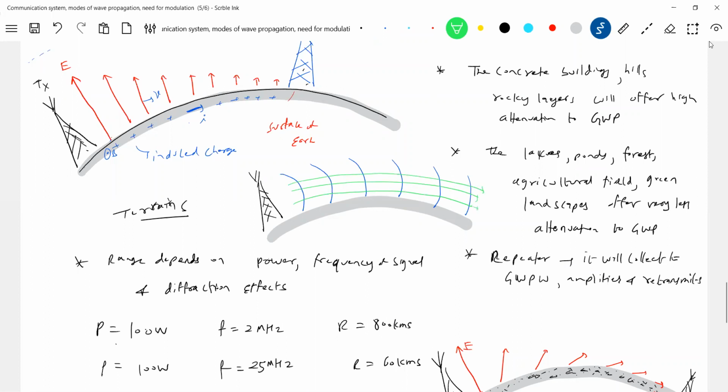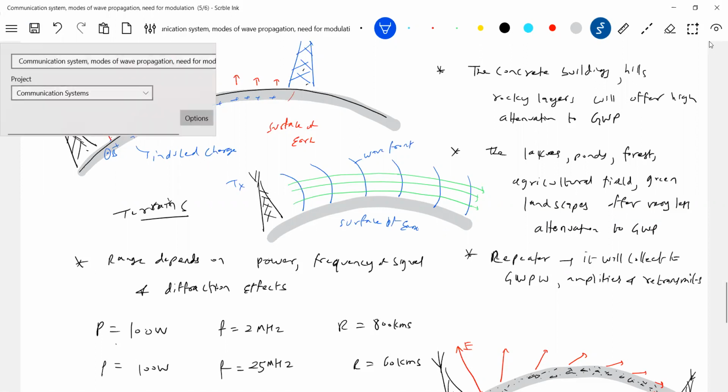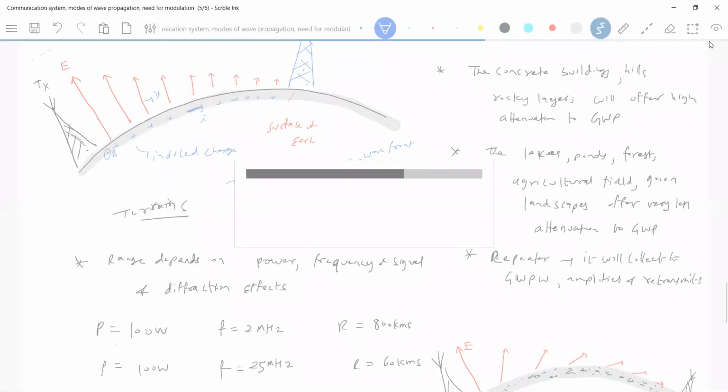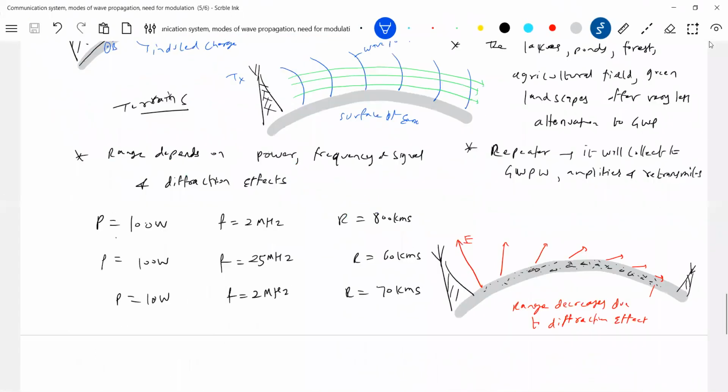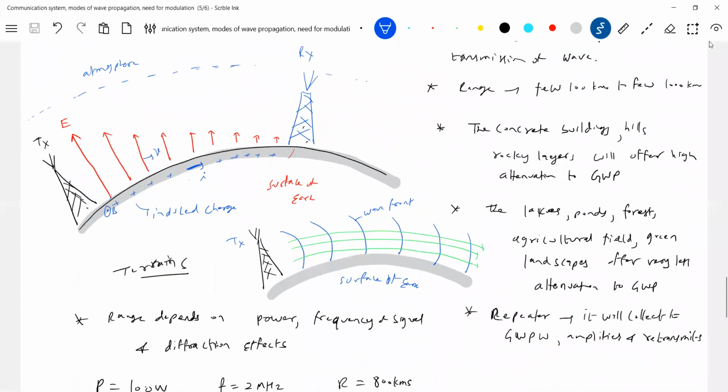I'm not showing the E bar vector, I'm talking in terms of wavefront here. This will be the wavefront. The surface of the earth and the lowest layer of the atmosphere will guide that particular wave. Okay, fine. This is just a story, nothing big. You don't have to do any research here.